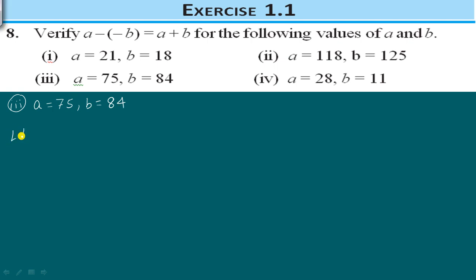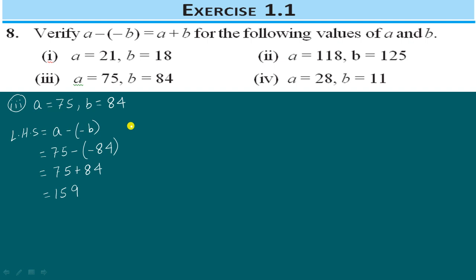Left hand side is equal to a minus of minus b, that is equal to a means 75 minus of minus b is 84, that is equal to 75 minus into minus is plus 84. If we add it, 5 plus 4 is 9, 8 plus 7 is 15, it is 159.